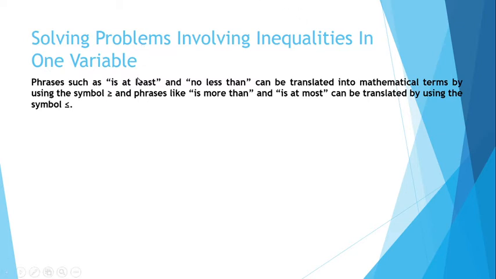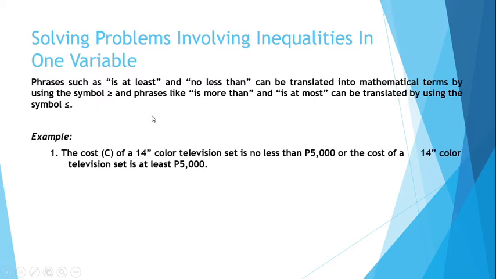So take note of this: if the problem says is at least or no less than, that means the number must be greater than or equal to. But if it says is no more than or is at most, then the number should be less than or equal to.